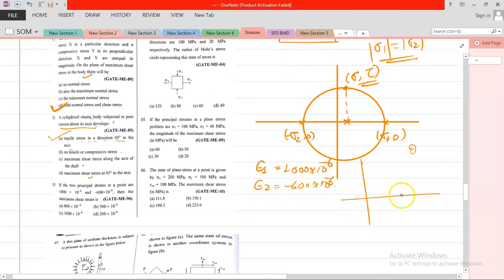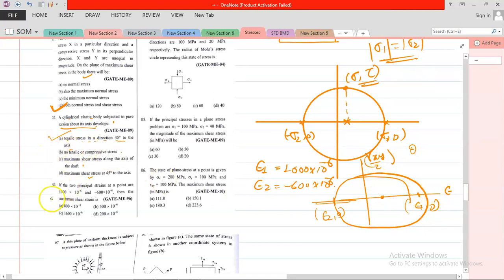So let me draw the point. Here epsilon 2 is given, comma 0, and here epsilon 1 is given, comma 0. And you draw the Mohr circle with these points for strains, and you know this is gamma xy by 2, this is epsilon, I hope you remember.